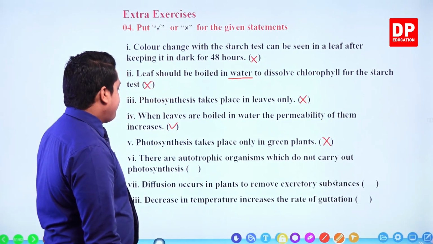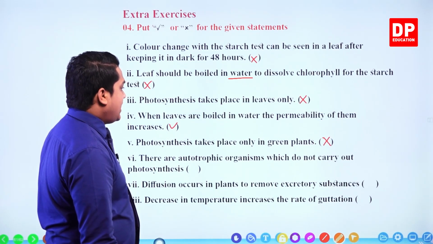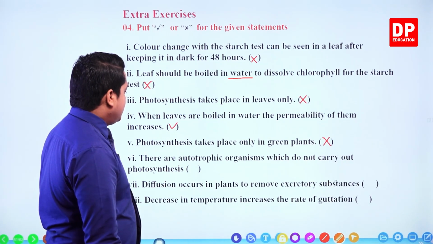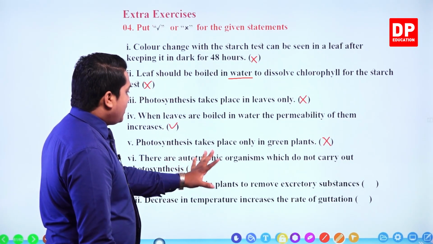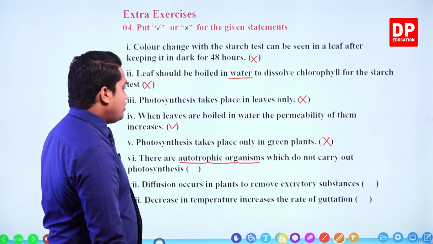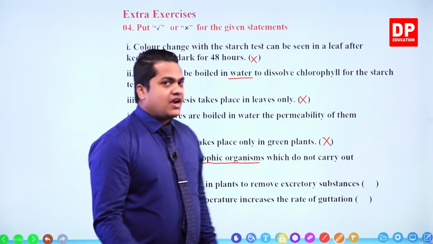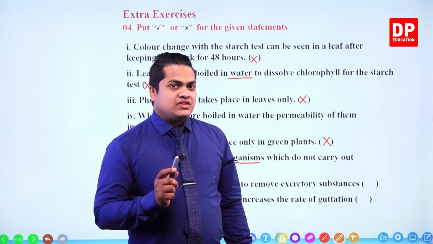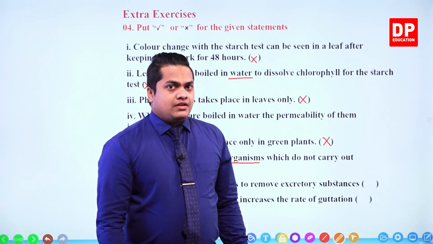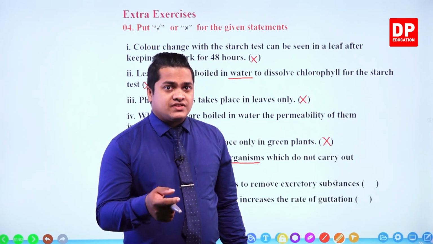Next one. There are autotrophic organisms which do not carry out photosynthesis. I explained this when I was discussing bacteria. There are some types of bacteria who are chemoautotrophs.